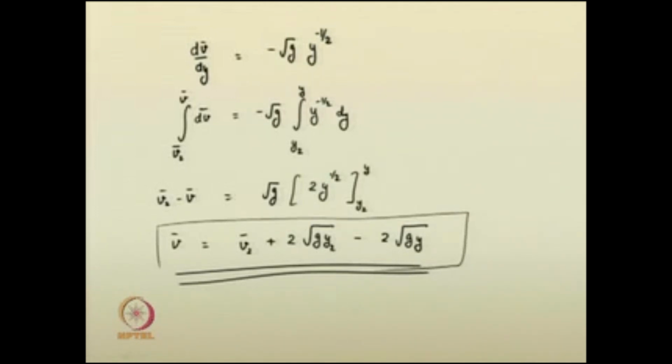So, when you range the y, you know y ranges from y1 to y2. y1 is the height up to which the sluice gate is raised. So, based on that, y1 is available to you.